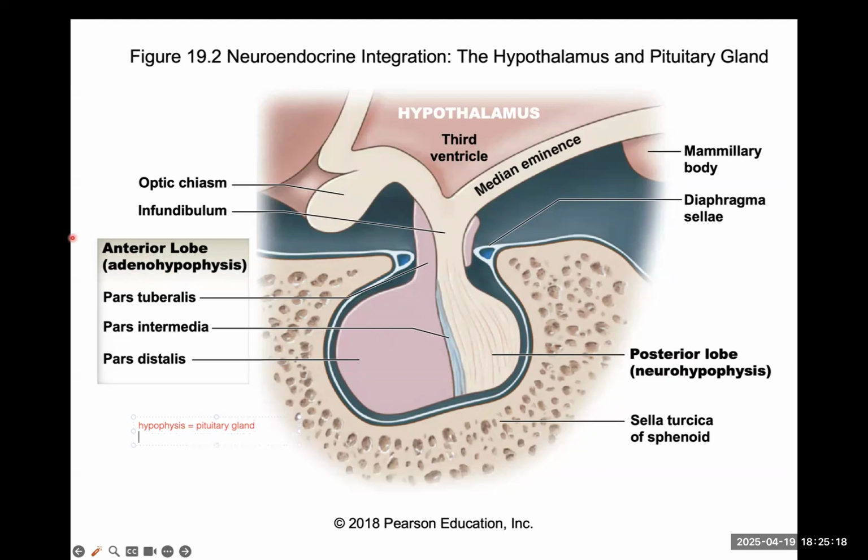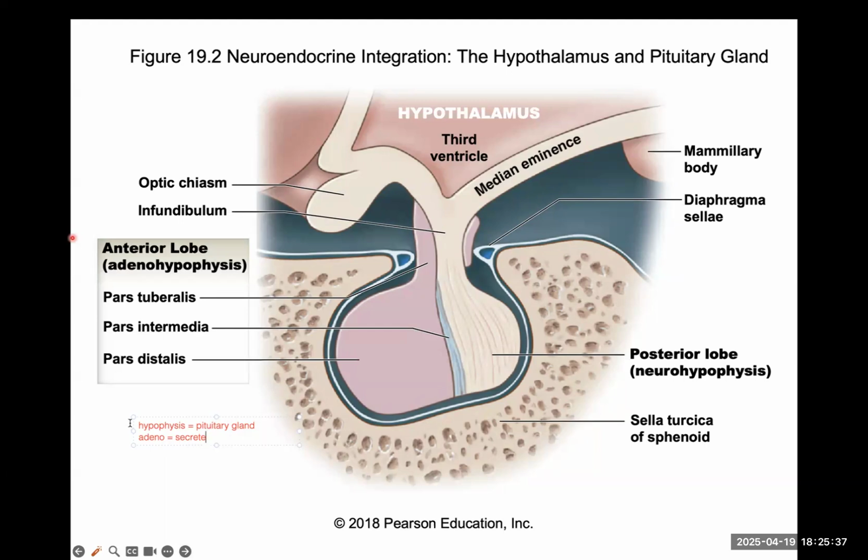And the word adeno stands for secreting. It means to secrete. So hypophysis, hopefully you remember, is an old term for pituitary gland, and adeno means to secrete.